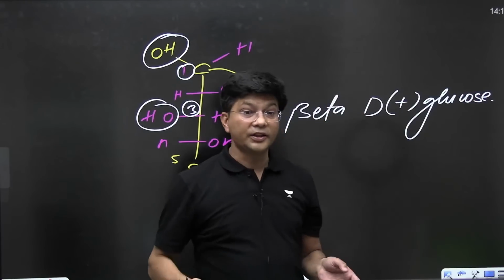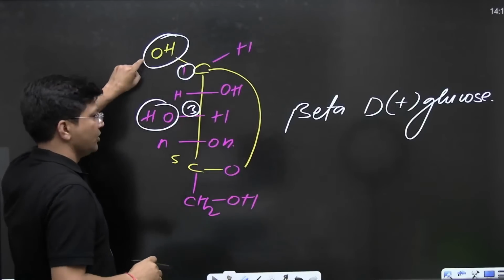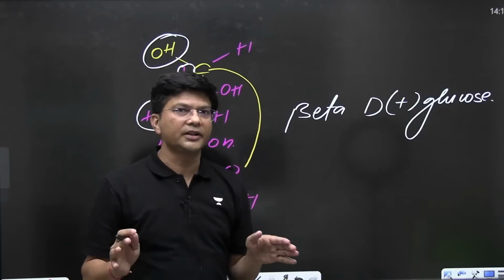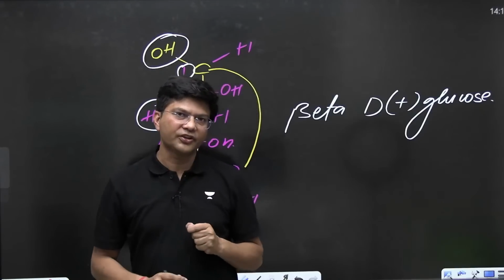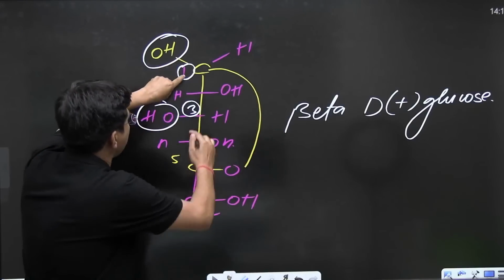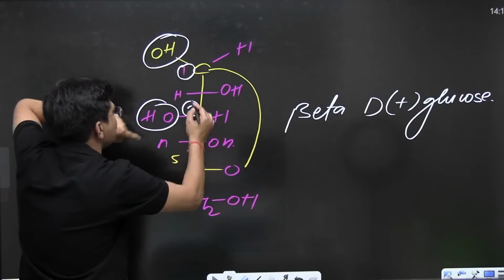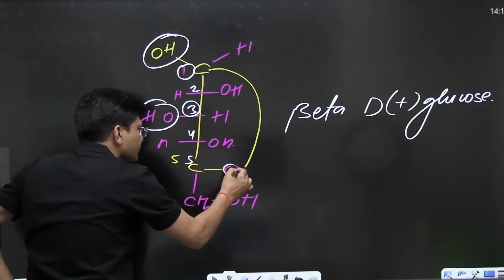So you have seen one thing very clearly: one is alpha D glucose, another is beta D glucose. My dear students, are you getting this point very clearly, that glucose exists as an open chain structure and a closed chain structure. In the closed chain structure, we have a ring of 6 atoms: 1, 2, 3, 4, 5 and 6 is the oxygen.